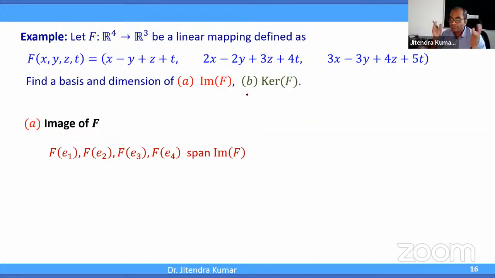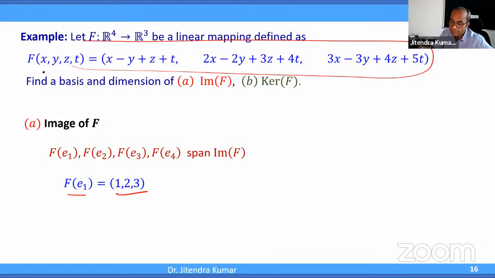So once we have the spanning set of R4, which is certainly E1, E2, E3, E4 spanning the whole R4, then f(E1), f(E2), f(E3), and f(E4) will span the image of f. We can calculate f(E1), f(E2), f(E4), and so on, because f is given already.